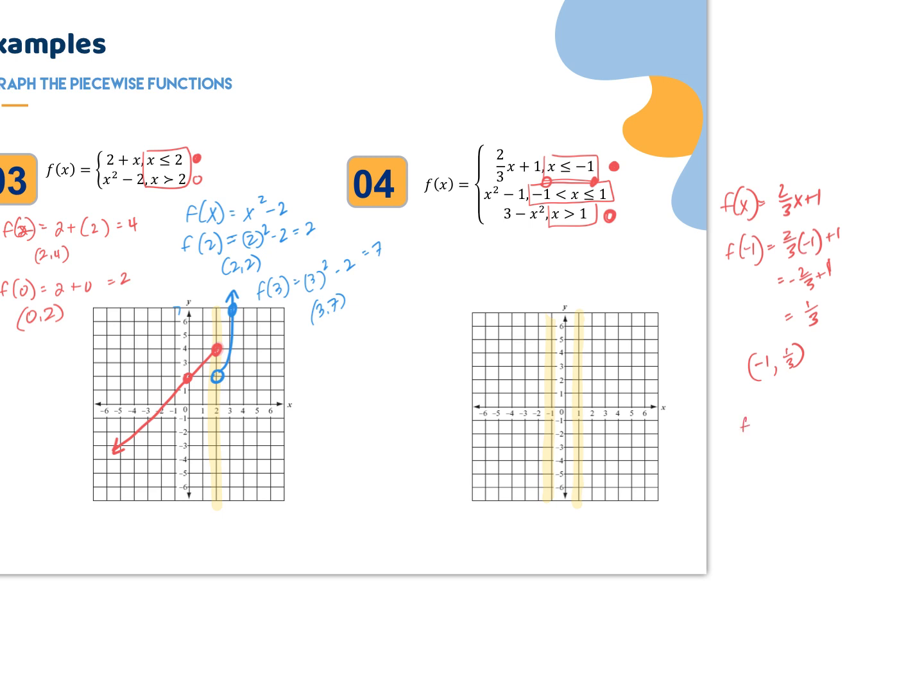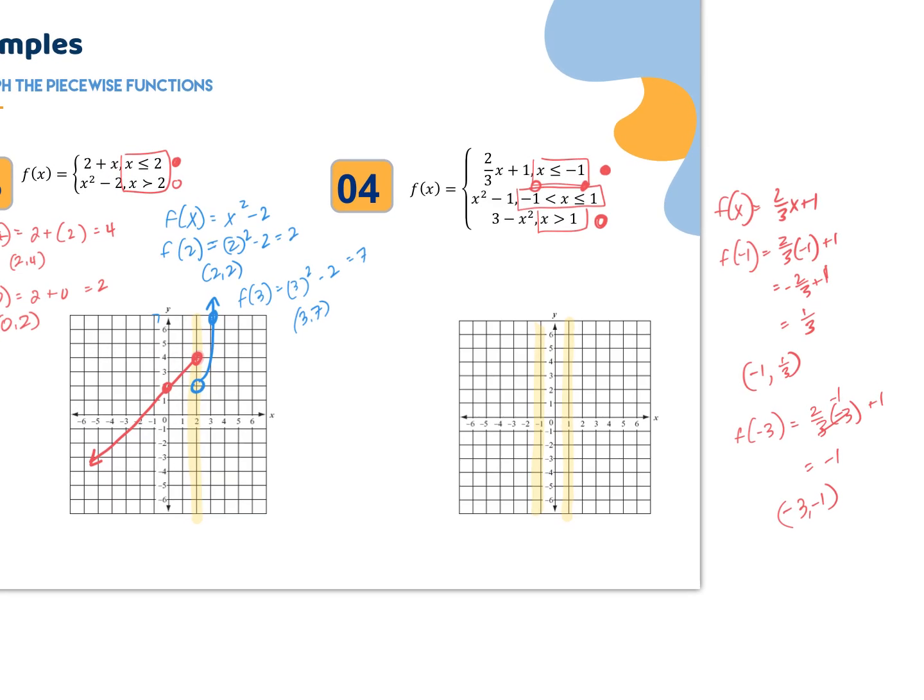Okay, and then I'm going to do -3, because I think -3 is an easy number to work with here. So 2/3 times -3 plus 1. That's going to be negative 2 plus 1, which is negative 1. So negative 3, negative 1. I know that this is linear, so it's going to look like a line.